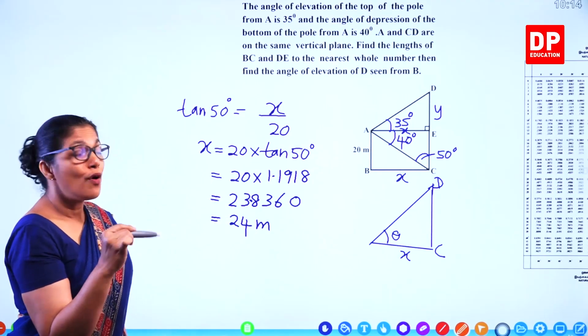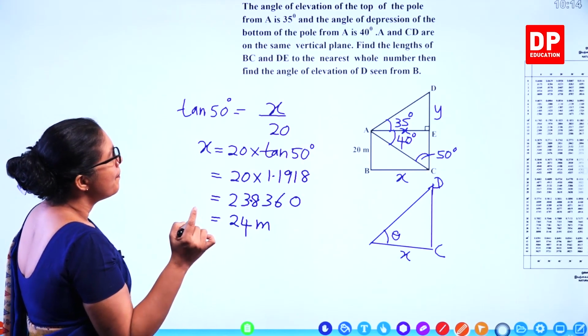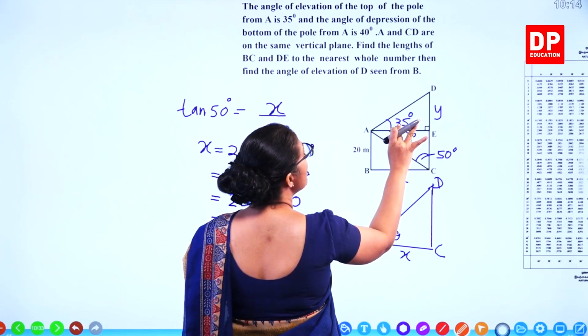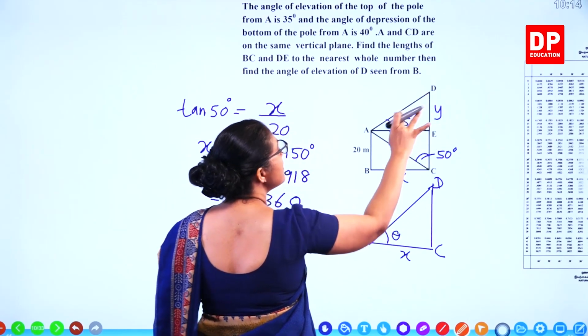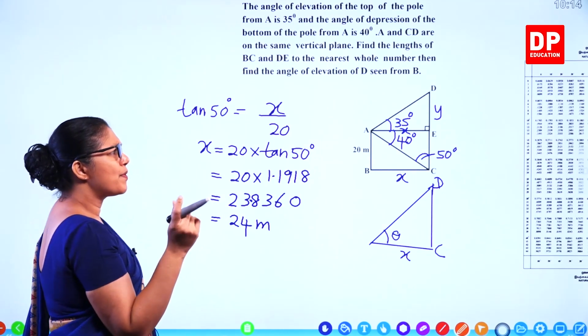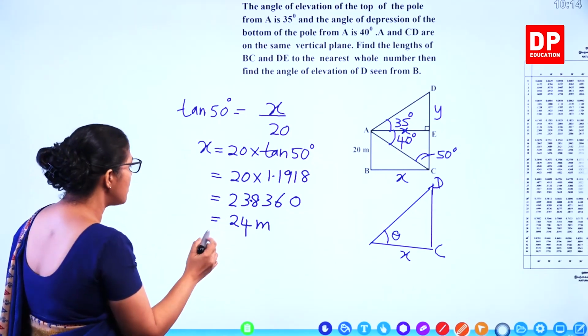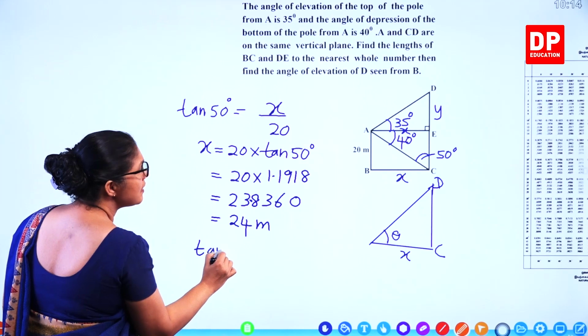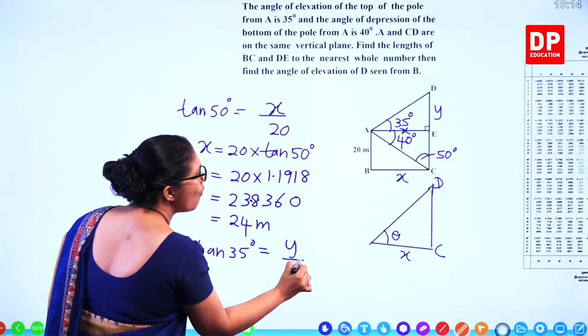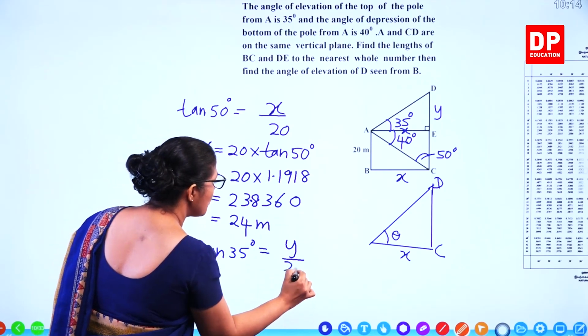Now we have to find Y. Look carefully now. X we know. For the 35 angle, you can take the ADE triangle. What's the ratio of opposite and adjacent? Again, you can use tan. So tan 35 is Y over X. X is 24.